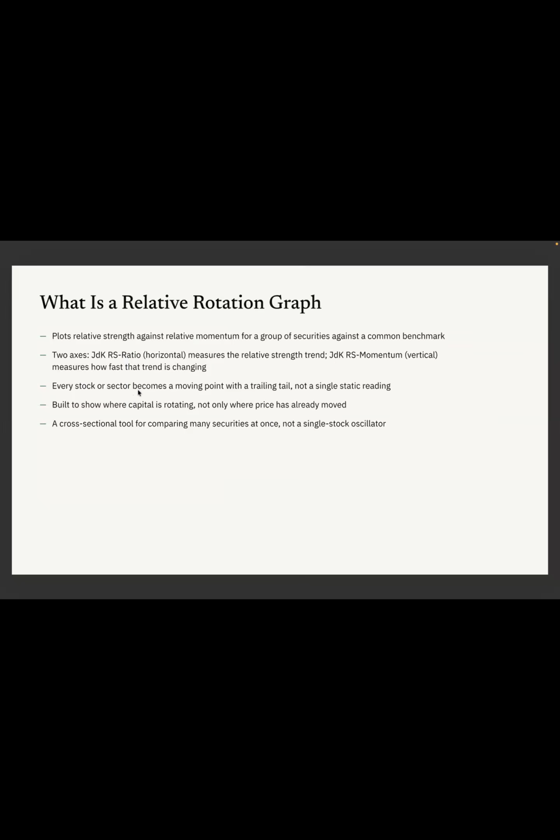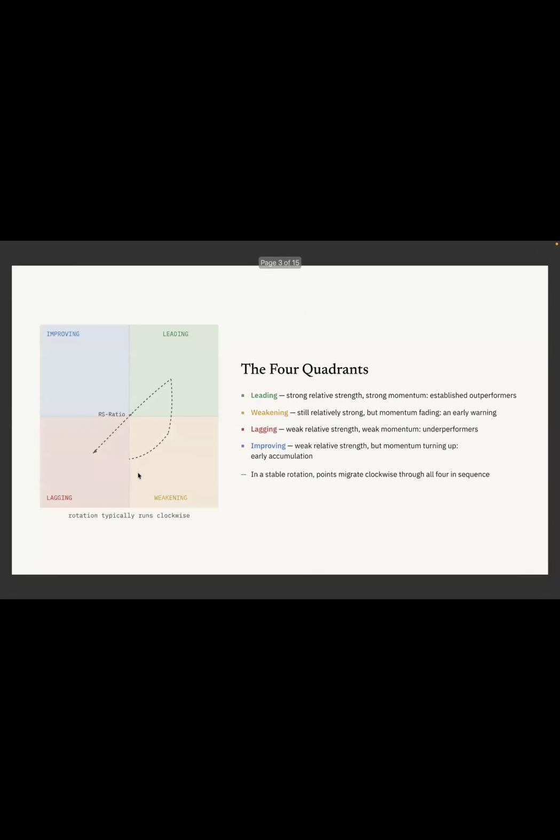There are two axes. The JDK RS ratio, which is the horizontal, measures the relative strength trend, and the momentum axis, the vertical, measures how fast that trend is changing. These are the two axes, the theory that you have to just keep in mind.